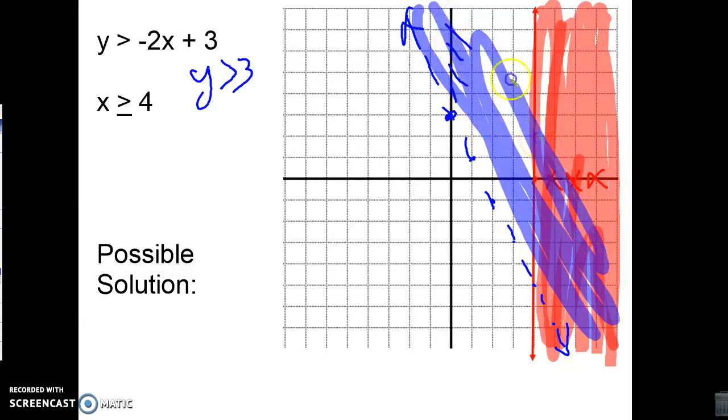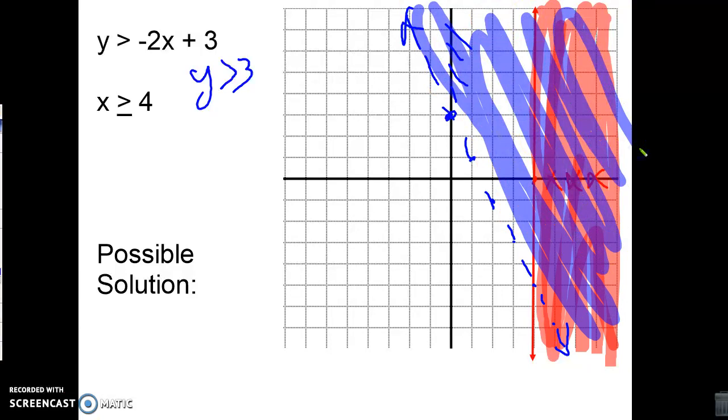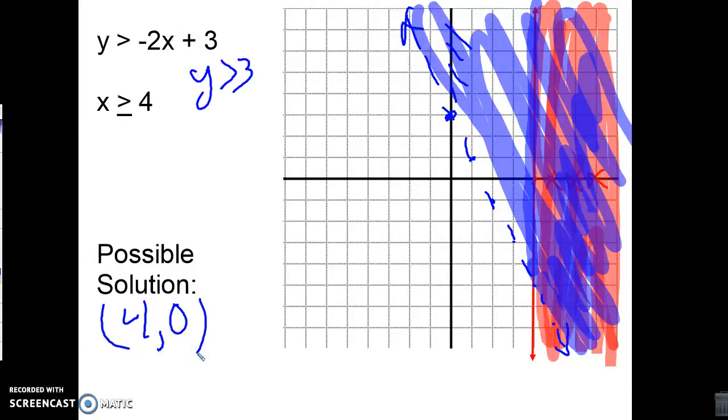So now possible solutions would be anything on the dotted line, on the solid line here, and then just above the dotted line, not including the dotted line. So a possible solution could be 4, 0. Another possible solution could be 4, -4.